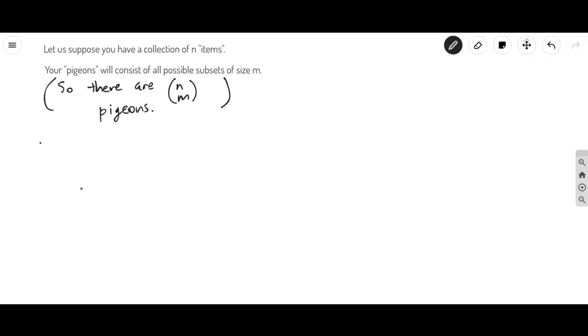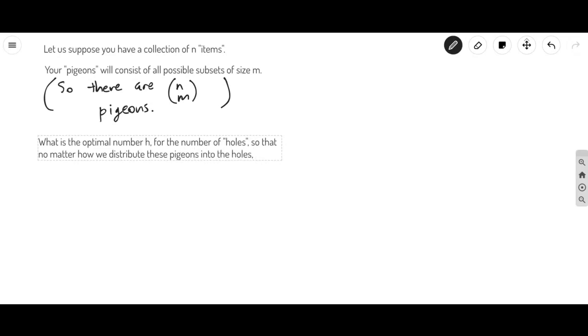And so the problem is basically this. What is the optimal number, let's call it h, for the number of holes, so that no matter how we distribute these pigeons into the holes, we will be certain that there is a hole that contains at least 2 pigeons?